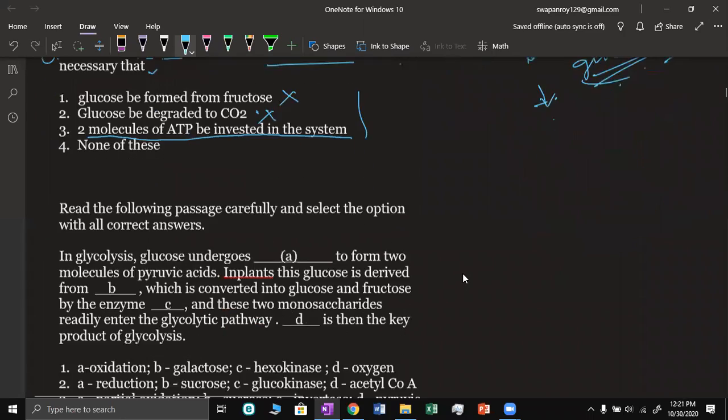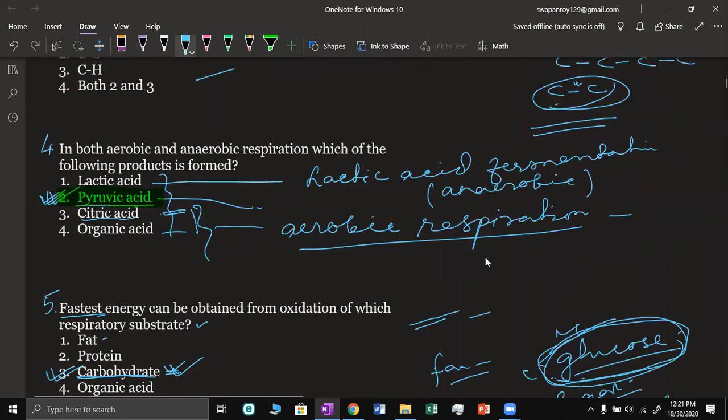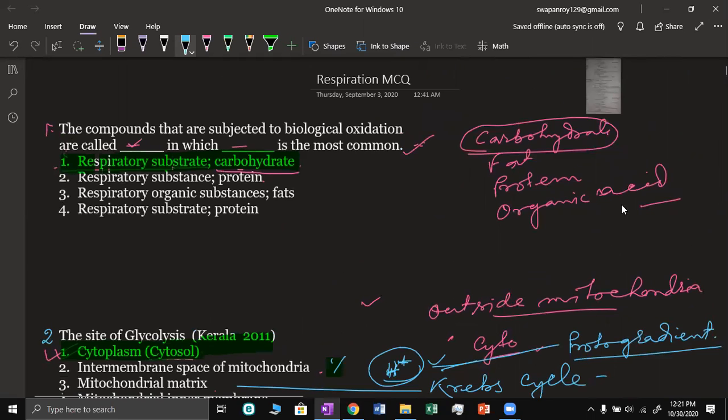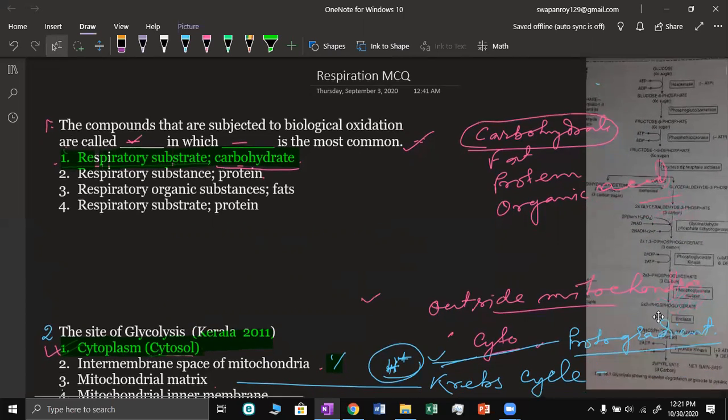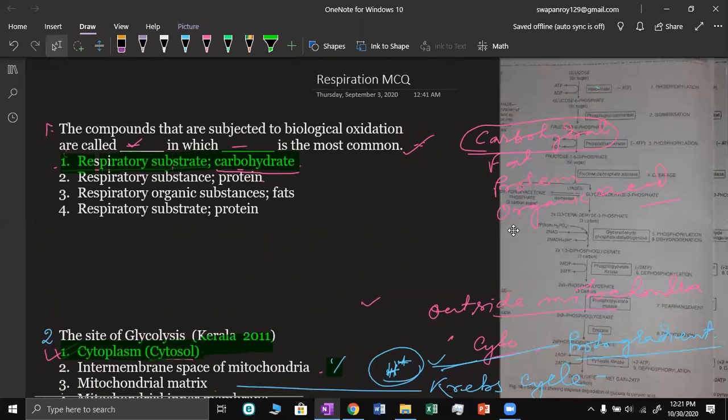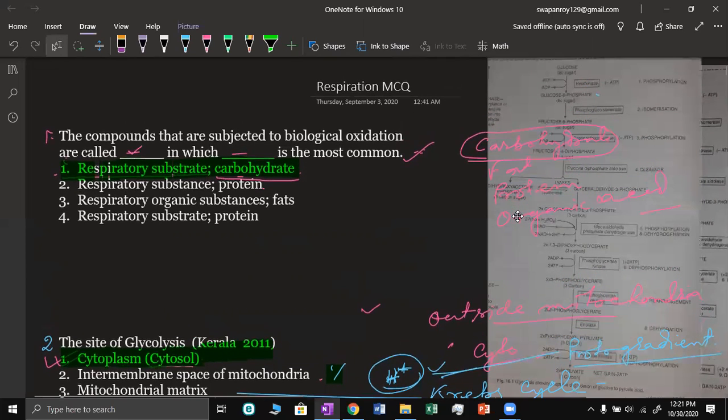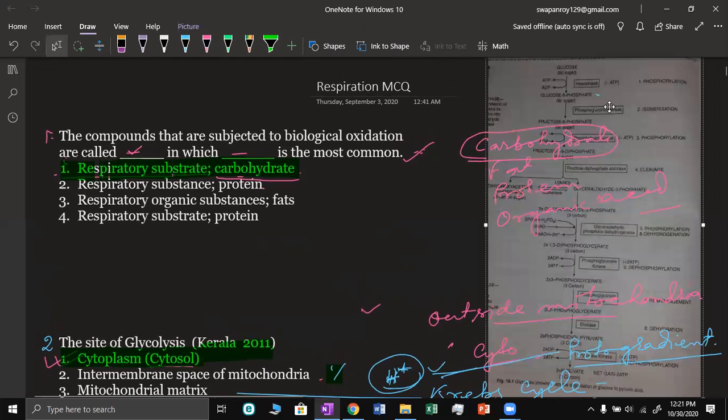Do you remember that in the process of glycolysis, what happened?